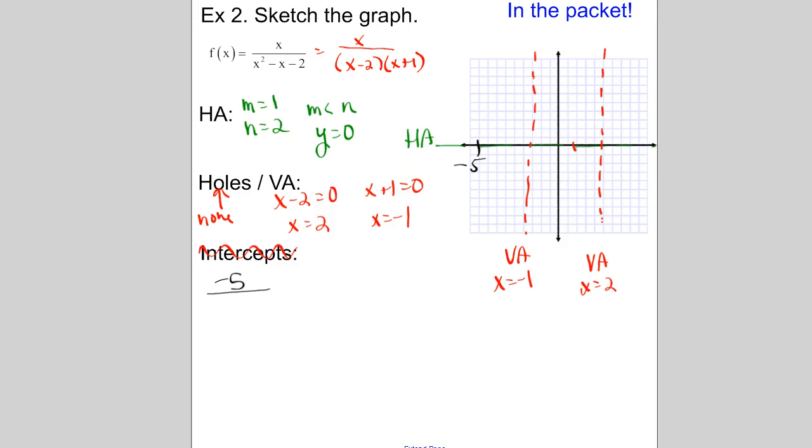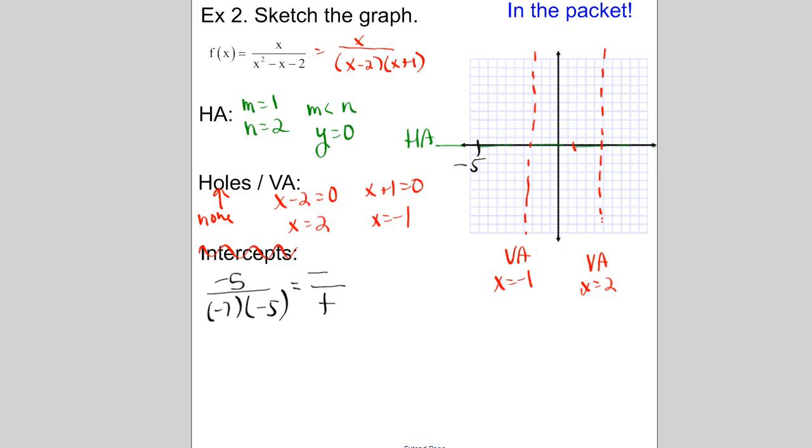So negative 5 minus 2, that's a negative 7, over negative 5 plus 1, that's a negative. So I'm going to end up with a negative number over a positive number. What is a negative divided by a positive? A negative number.